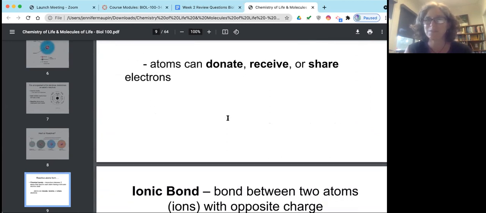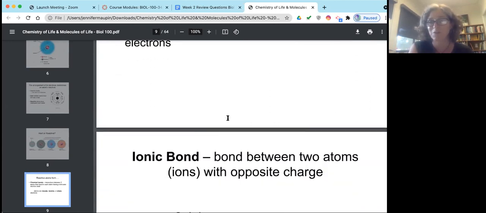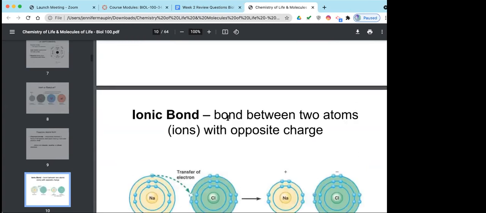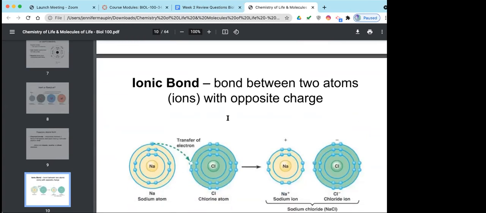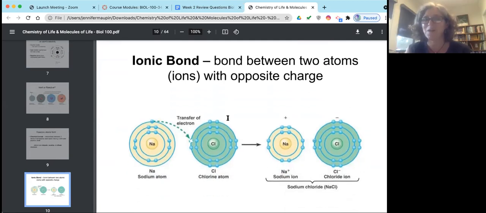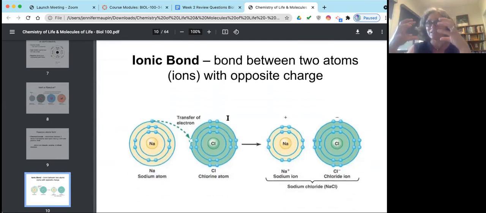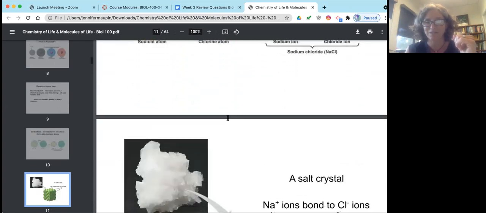Anybody remember the difference between ionic bonds and covalent bonds? You're sharing, covalent bonds share electrons. Exactly. So in a covalent bond, they are sharing a pair of electrons. You've got two atoms and there's a pair of electrons, and those electrons are being shared between them.